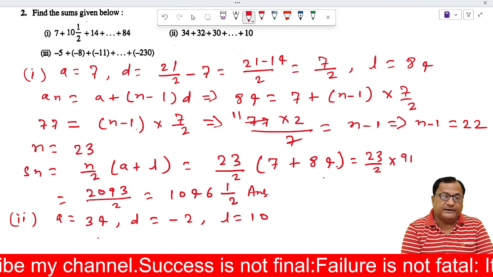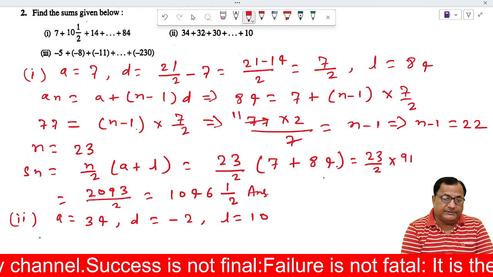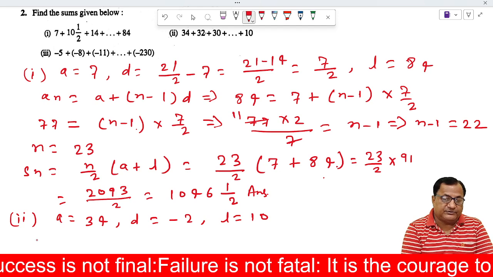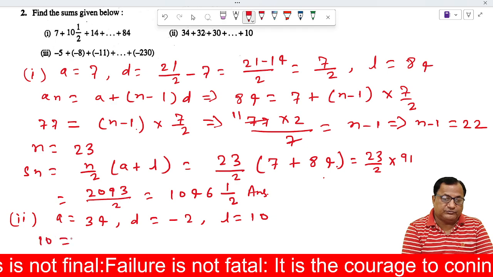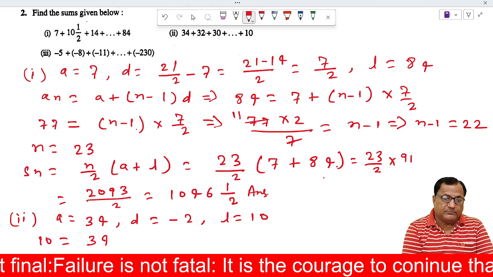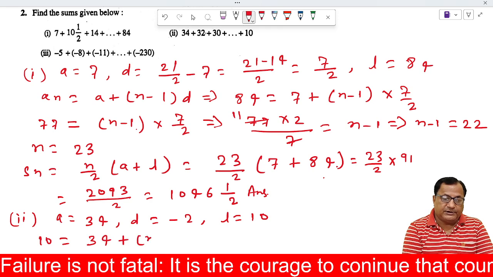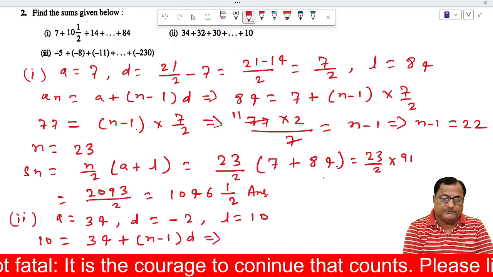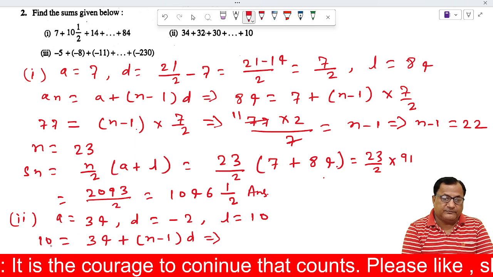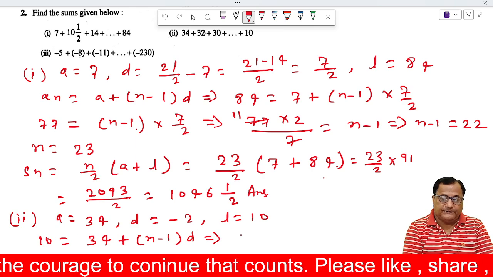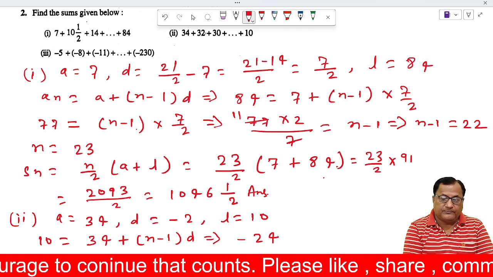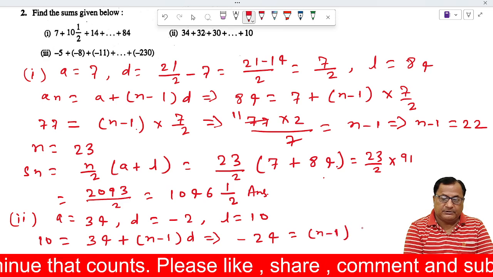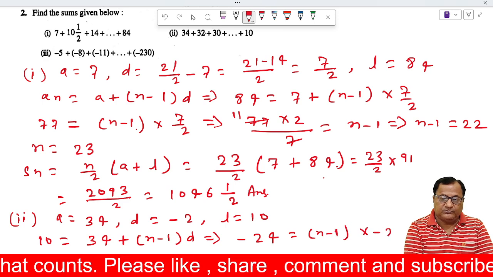So first we will find N. Using that formula, the last term is 10, so 10 is equal to 34 plus N minus 1 into D. 34 will come this side, so this will be minus 24 is equal to N minus 1 into minus 2.